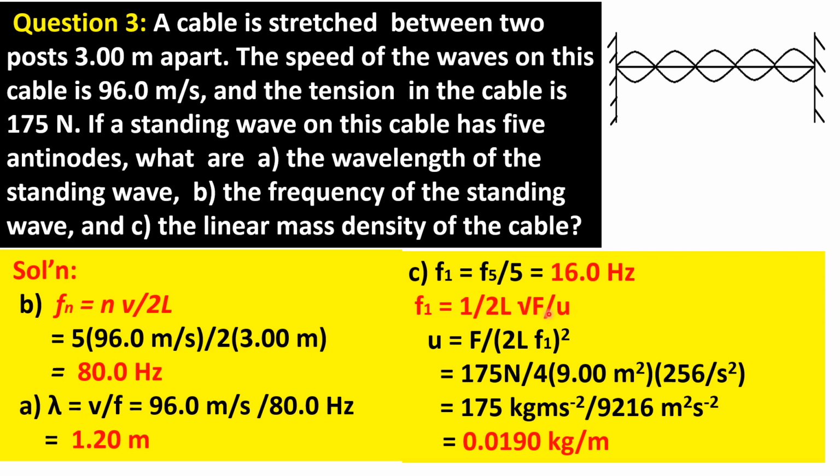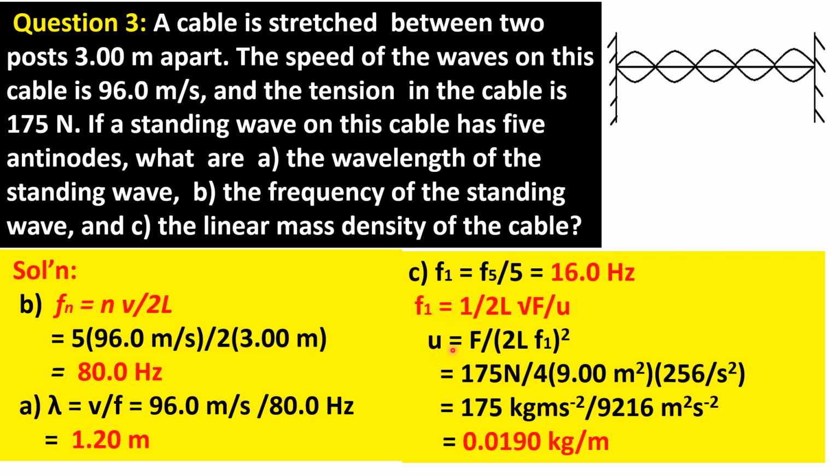But since what we are looking for is the linear mass density, we need to transpose this equation, simplify it such that we will have our linear mass density on one side of the equation. And that becomes something like this.